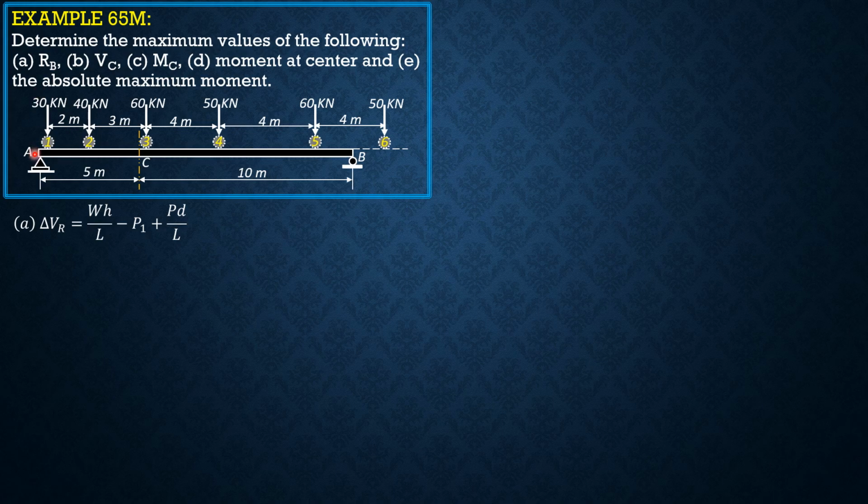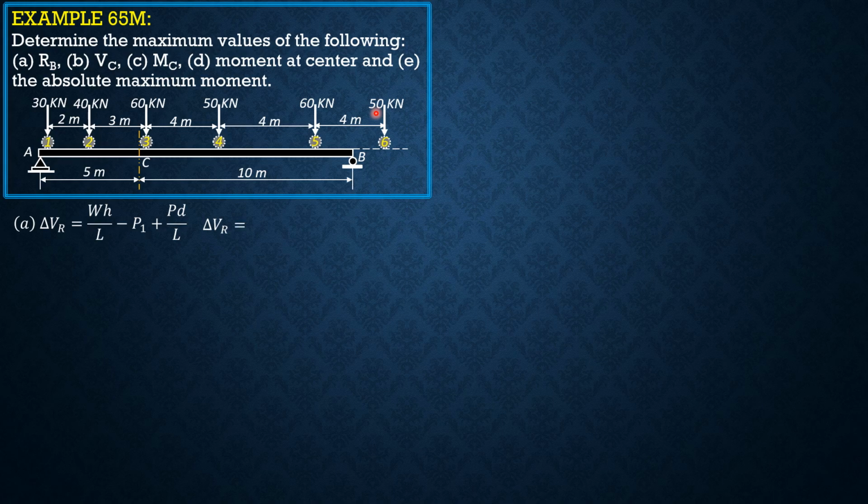So the 30 kilonewton load enters 2 meters to make it 13 plus 2, 15. So this is an incoming load. Our W would be 60 plus 50, 110, 170, 210. W is 210, H is 4, P1 is 50.